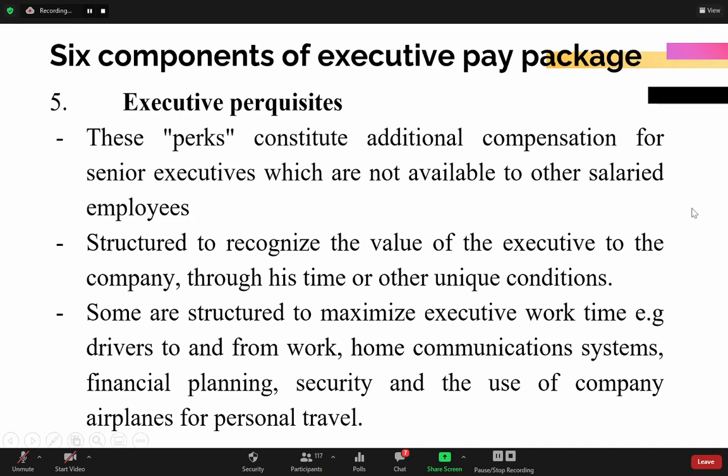And some of these perquisites are structured to maximize the executive's work time, in order to reduce the amount of time spent doing other things and to maximize the amount of time they spend on the company. This can include being given drivers or chauffeurs, home communication systems, financial planning systems, security, or the use of company means of transport such as planes or vehicles. Next.